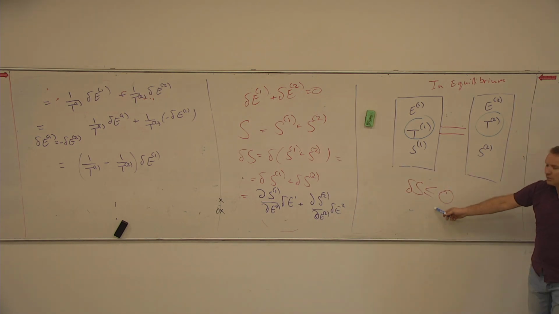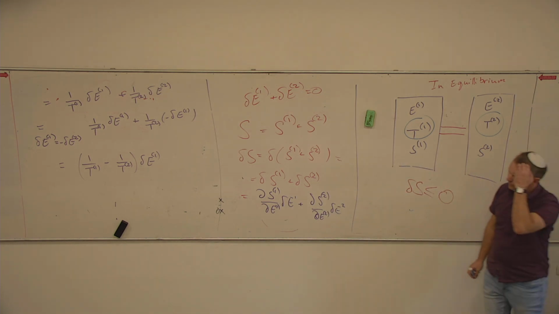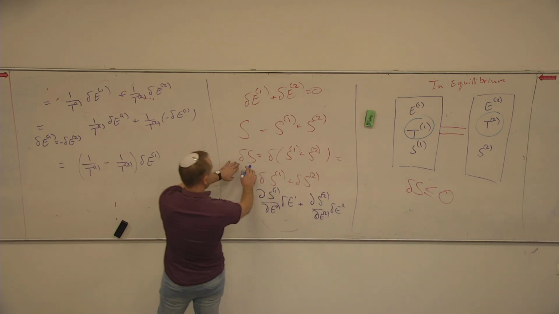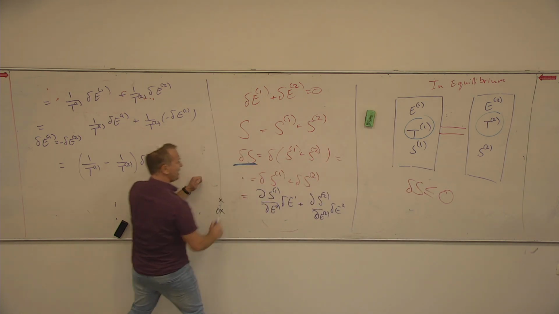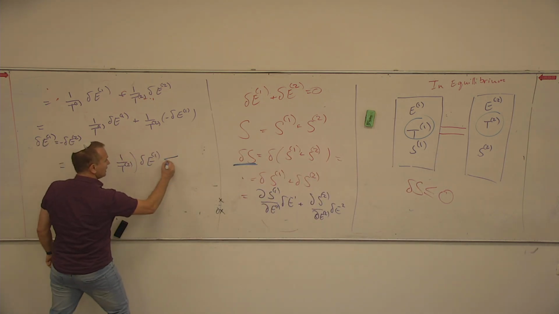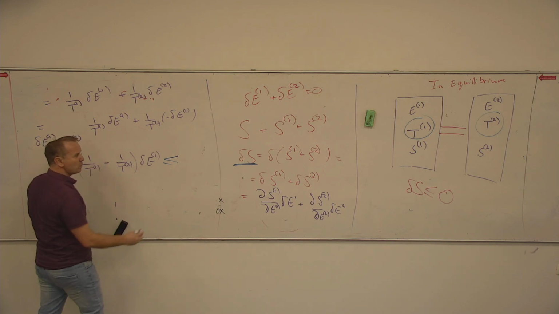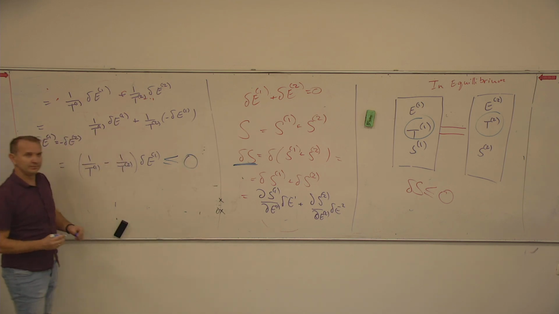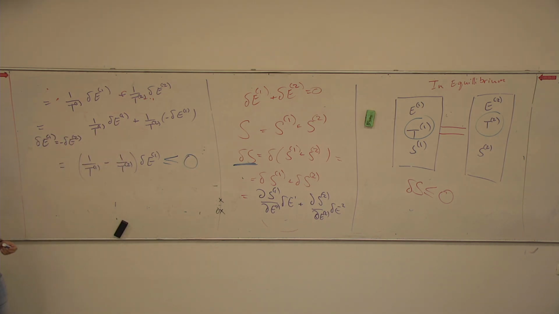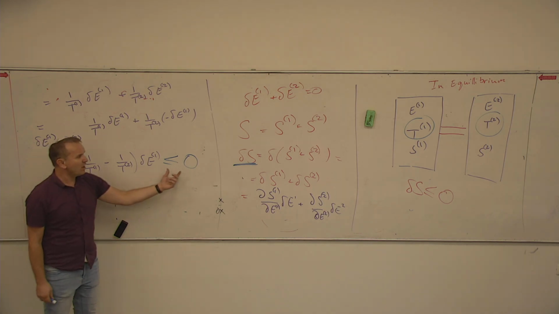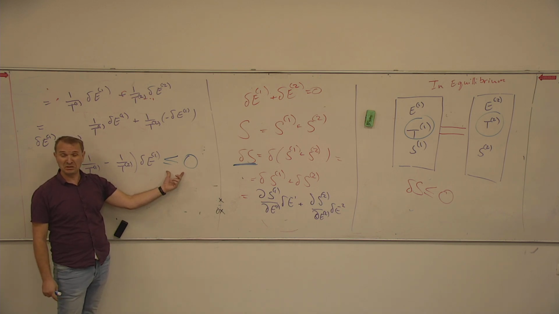Now, remember this constraint: whatever I have calculated, this delta S has to be smaller than or equal to 0. You introduce some perturbation, and you know that the effect of this perturbation is either 0, basically almost nothing, or smaller than 0.